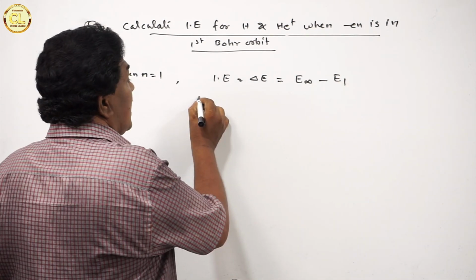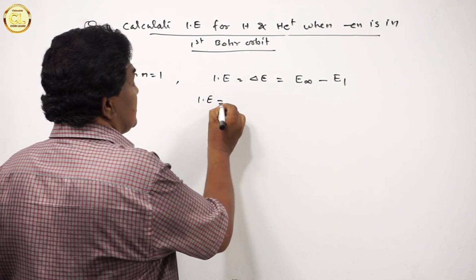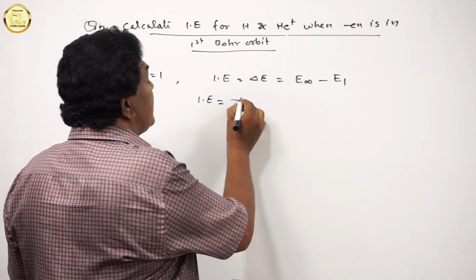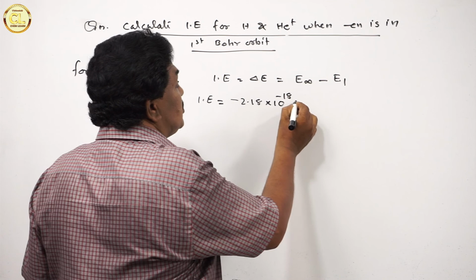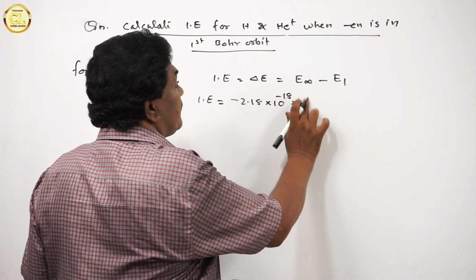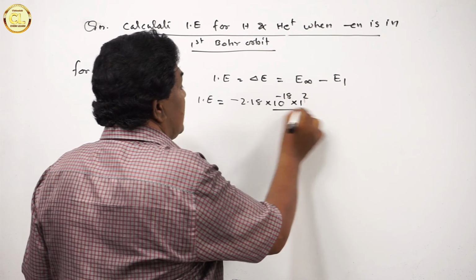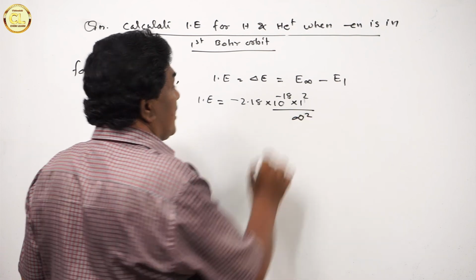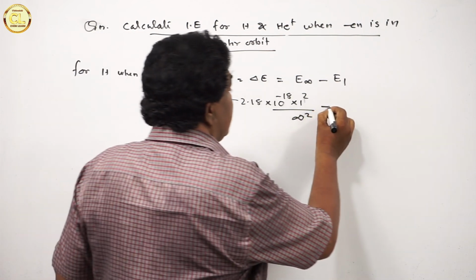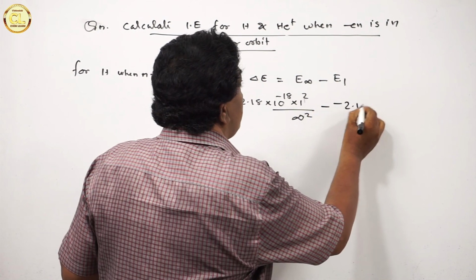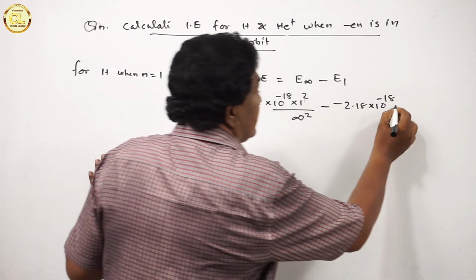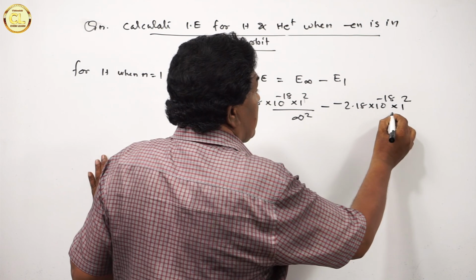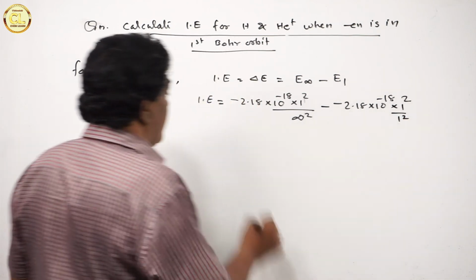That is, I is equal to minus 2.18 into 10 raised to minus 18 into 1 square divided by infinity square, minus 2.18 into 10 raised to minus 18 into 1 square by 1 square.